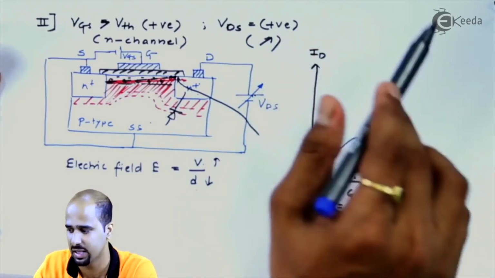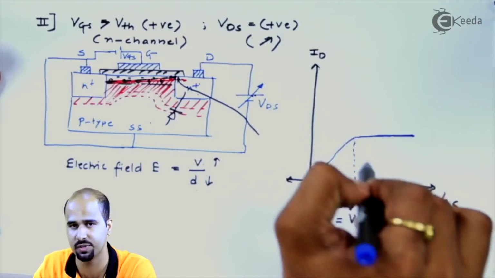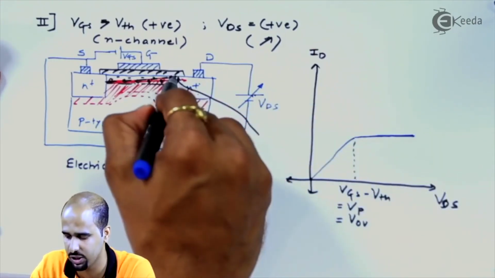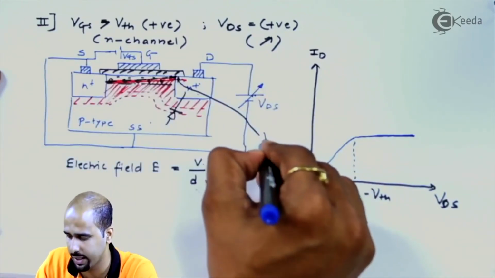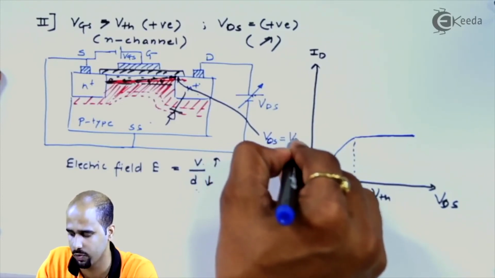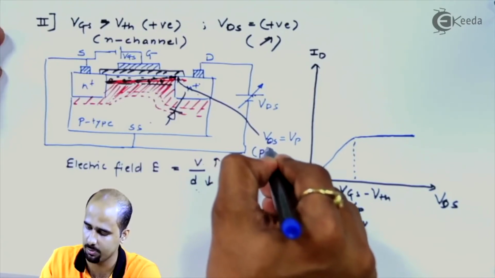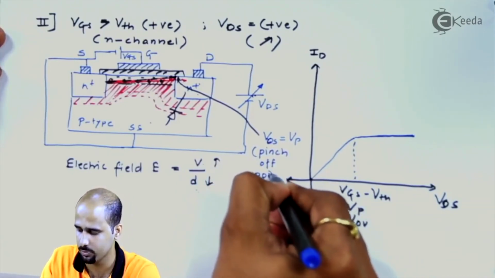So practically there will be some value of the slope associated with this particular characteristic. So far we have discussed that we will reach one particular point, which we get when VDS is equal to VP. That particular point is called the pinch off point.